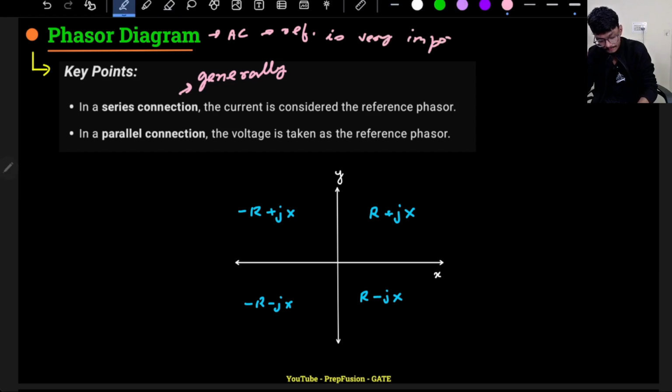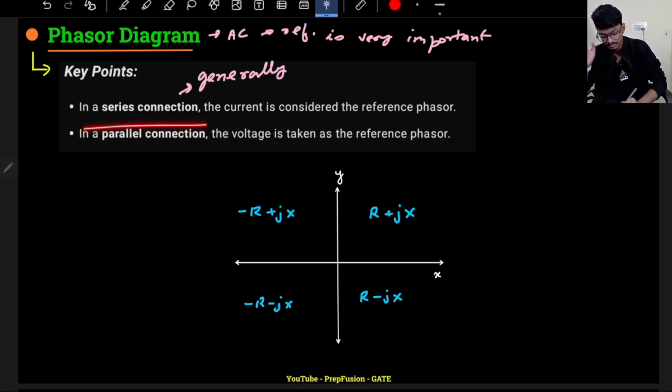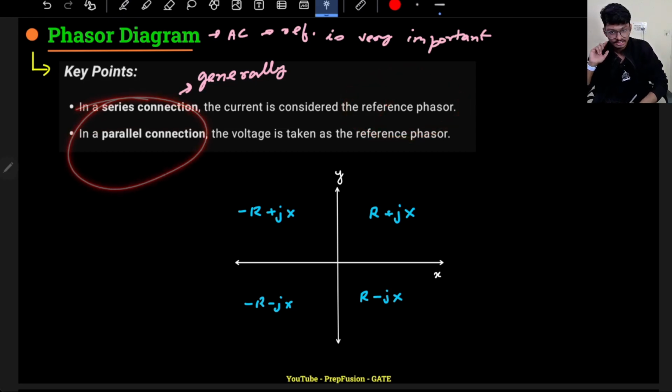The same question, if you choose a very bad reference, can take you 10 minutes to solve, and the same question can take you 1 minute if you choose a good reference. A good reference is one that is connected to most of the circuit elements. That I will discuss later on, don't worry. But just try to follow this general trend: in a series circuit, the current will be considered as the reference phasor, and in a parallel circuit, the voltage will be taken as the reference phasor.